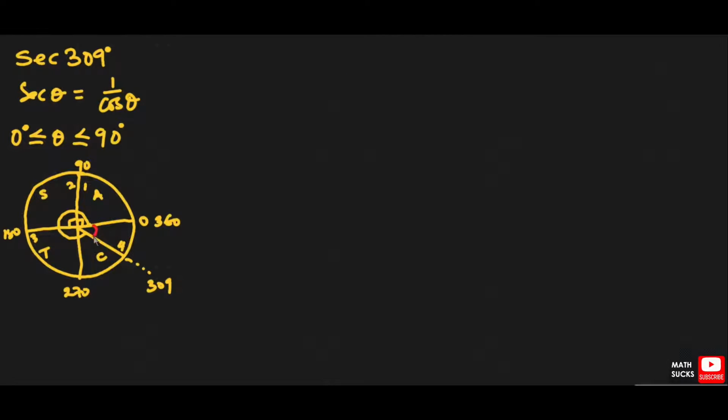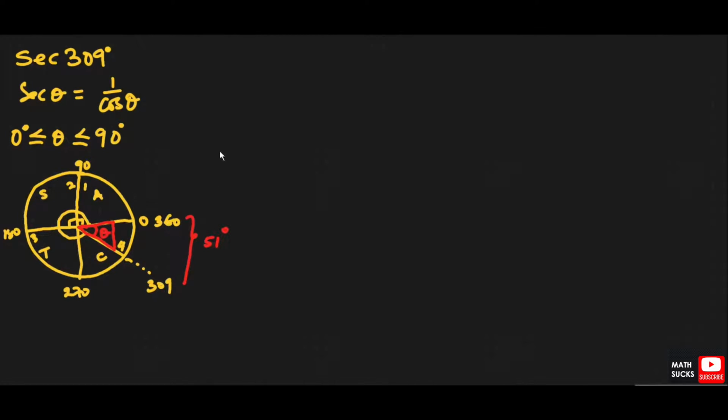So our angle of interest is going to be this angle. To find that angle, we subtract from 360. If I take the subtraction of this angle, this is going to give me 51 degrees as the difference between these two angles.